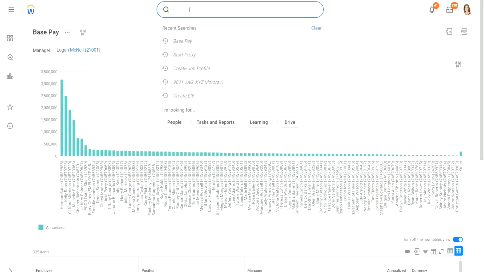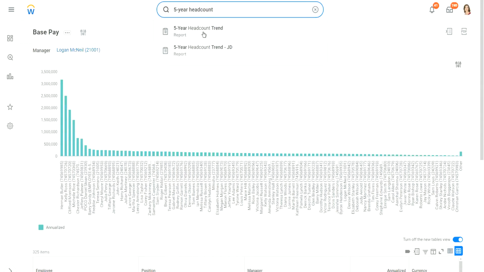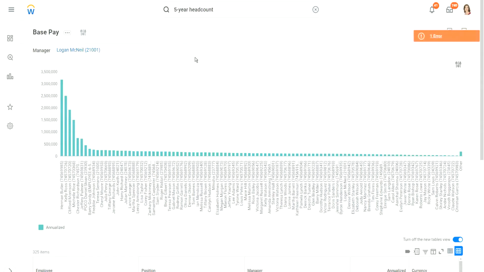So now let me show you another one, which is headcount trend. Five-year headcount trend. I think that's what it's called. Yeah, 5-year headcount trend, right.